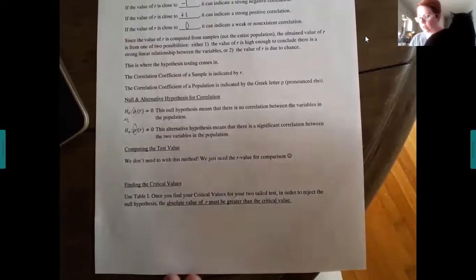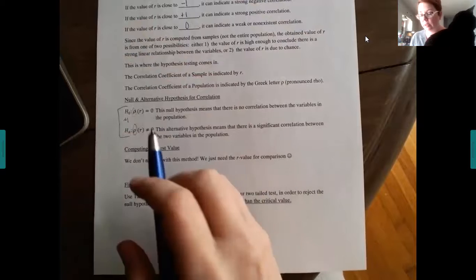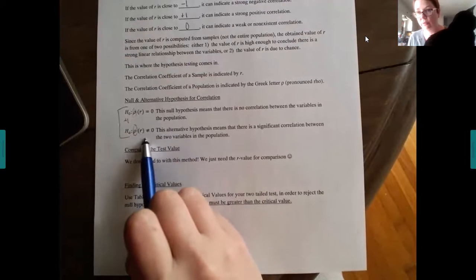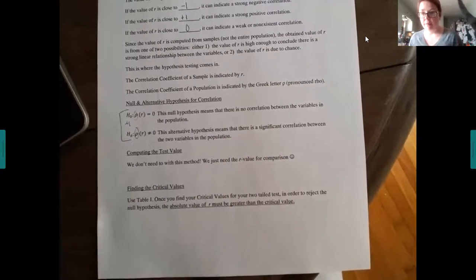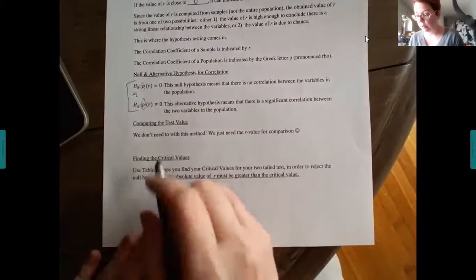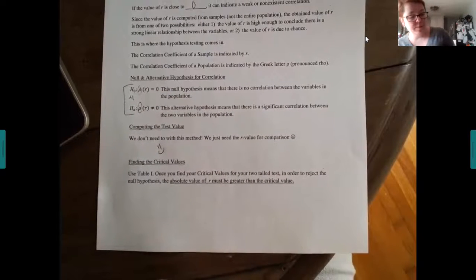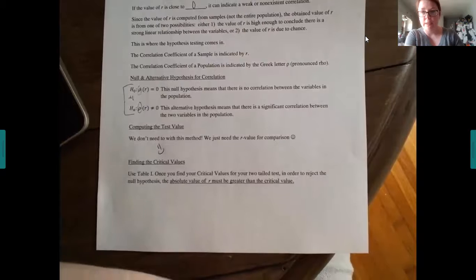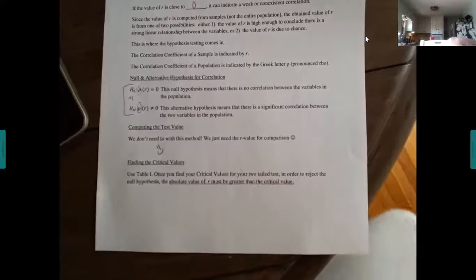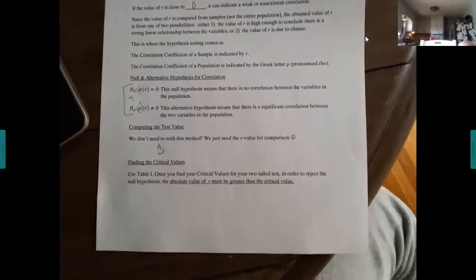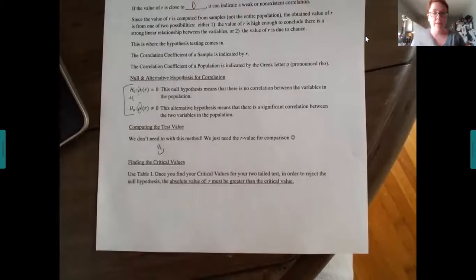Okay. So these are the set statements. They don't change. R equals 0 for the null, and R does not equal 0 for the alternate. And the good thing is we don't have any math other than looking at what number is bigger. If this were in class, we would be using a new table, which is called table I, and it looks like this.